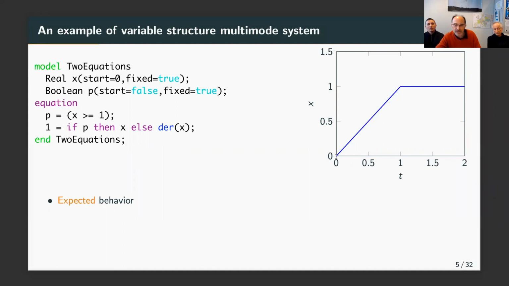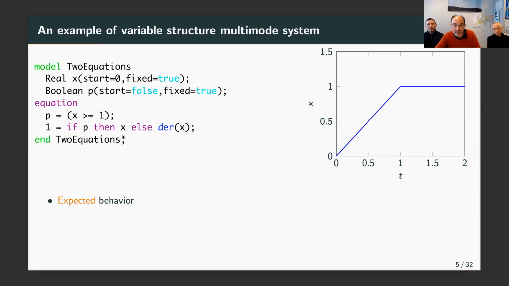So x increases from 0 at a rate of 1 until it reaches 1, and there the Boolean p changes value and becomes true, and now it's the then part that defines the dynamics.